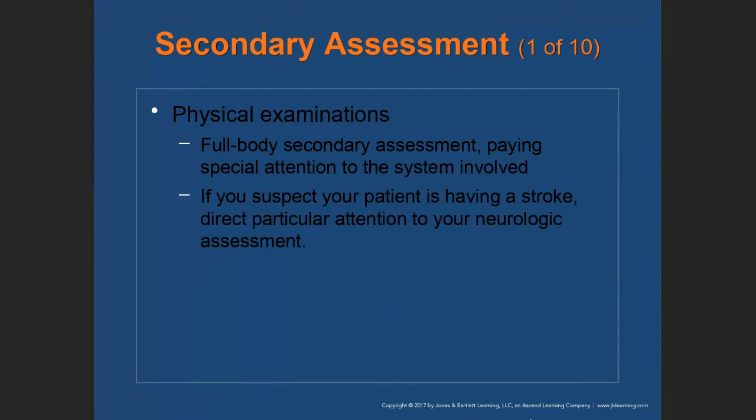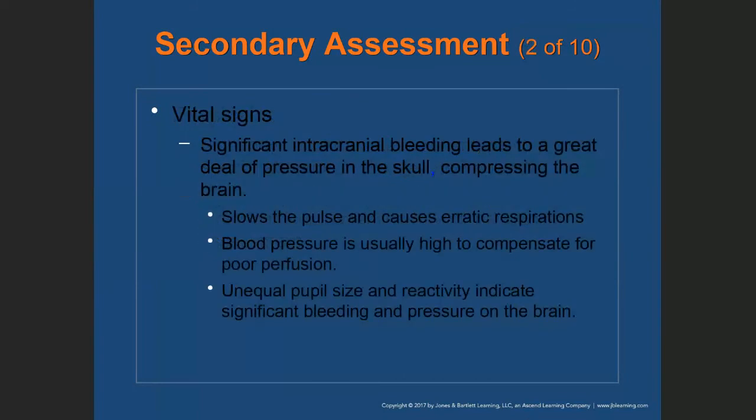Any other assessment you want to include outside of that? Vital signs. Significant intracranial bleeding leads to a great deal of pressure in the skull compressing the brain. This is going to cause the pulse to slow and cause erratic respirations.